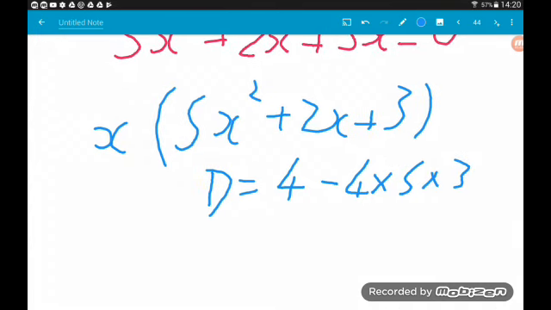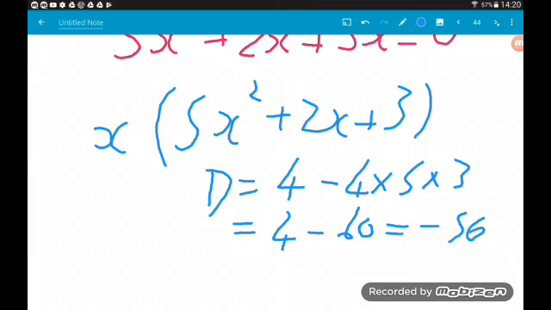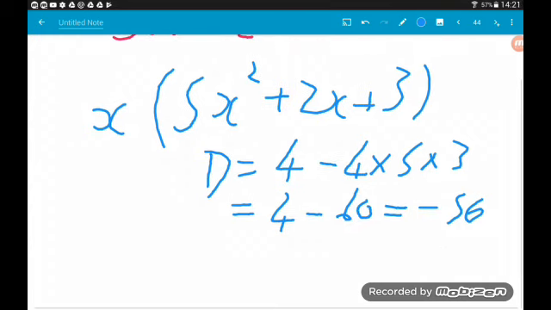So that's going to be 4 minus 4 times 5 is 20 times 3, so we got 4 minus 60, which is minus 56. Now a negative discriminant tells us that there are no real roots.